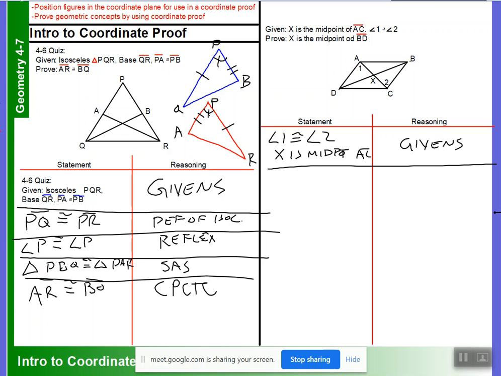All right, so we're going to do some strategy right here. What's our next step? We said AX is congruent to CX because of the definition of midpoint.